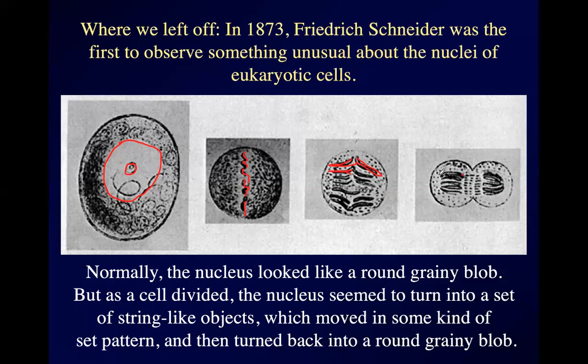And then group together again to form two new nuclei as the rest of the cell divides. Every cell comes from another cell, and every cell, to make more cells, goes through this division process. And when it happens, the nucleus turns into stringy bitskies, and these stringy bitskies do this funny little dance.